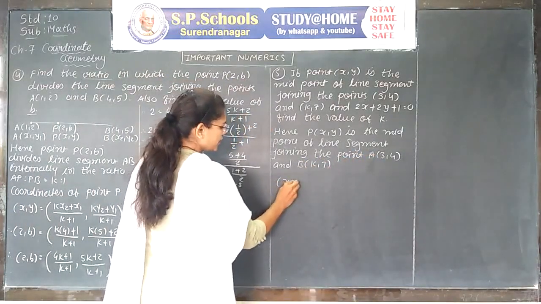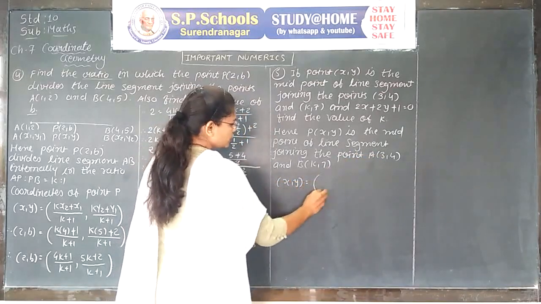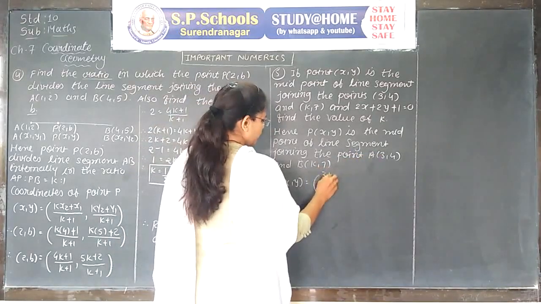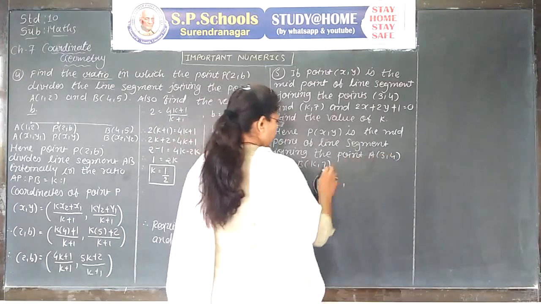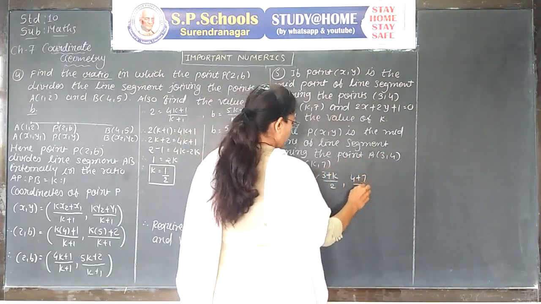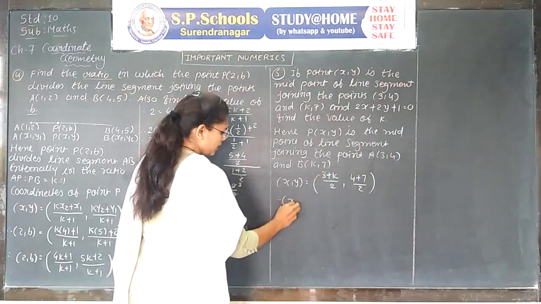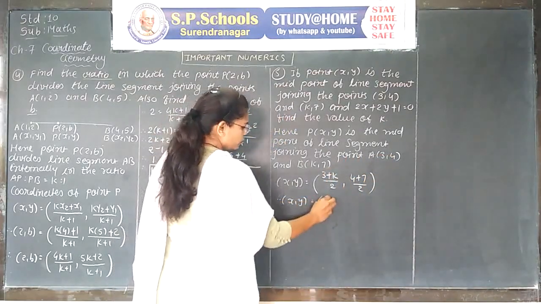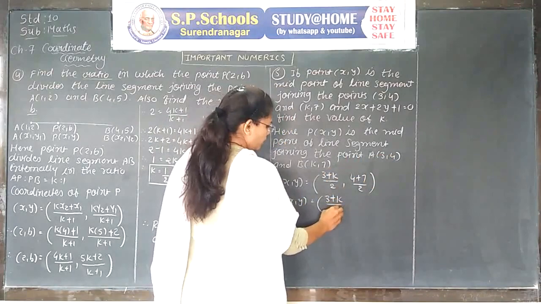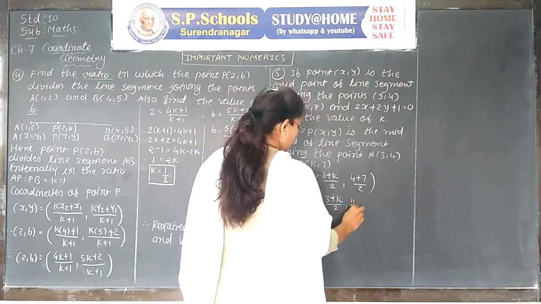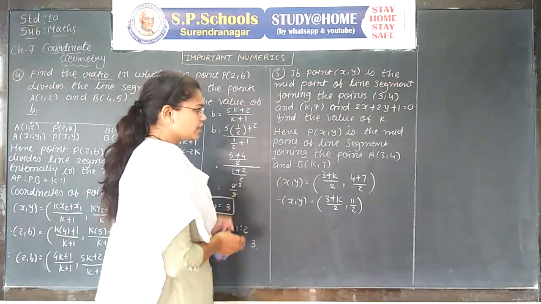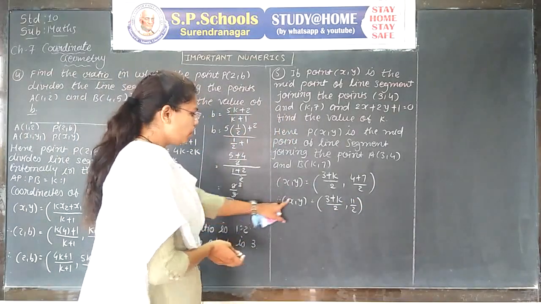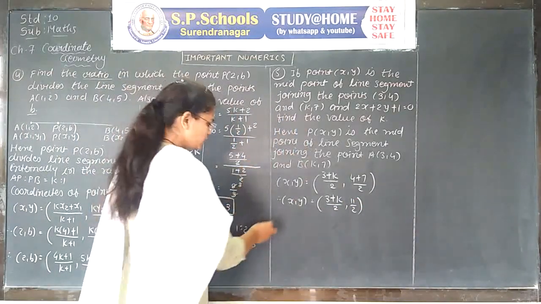That's why the coordinates of point P are ((3 + k)/2, (4 + 7)/2). That's why (x, y) is equal to ((3 + k)/2, 11/2). Here the line 2x plus 2y plus 1 is equal to 0 is given, and the point (x, y) satisfies this equation.